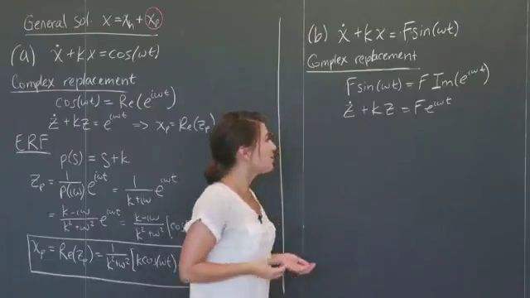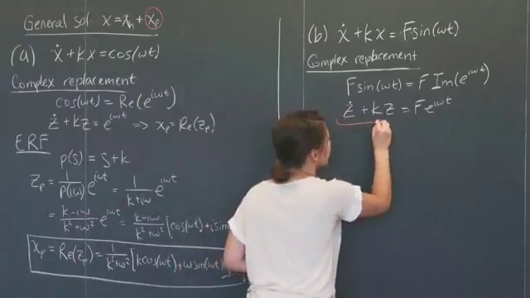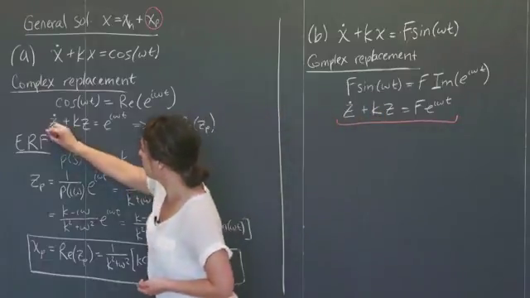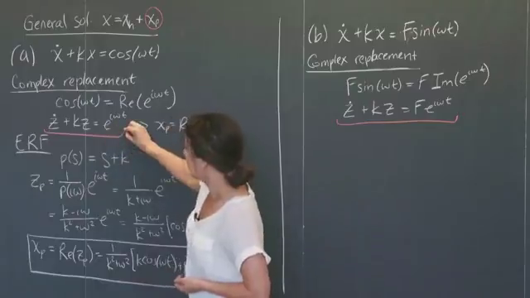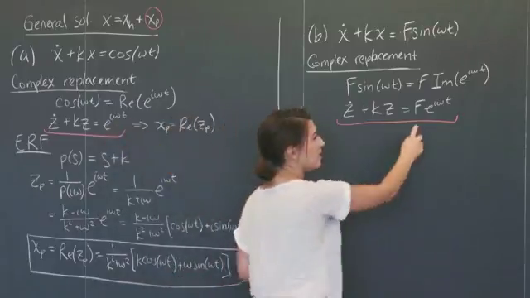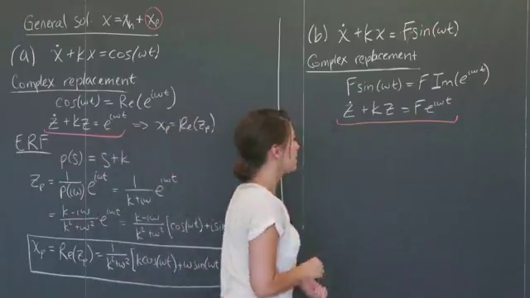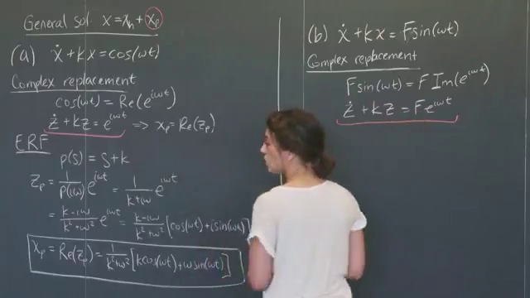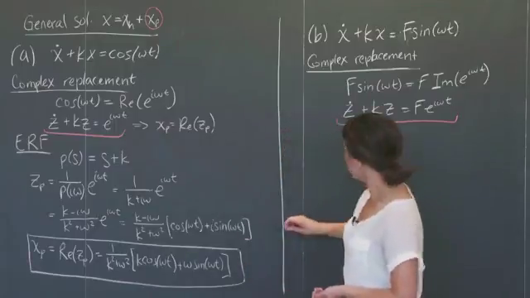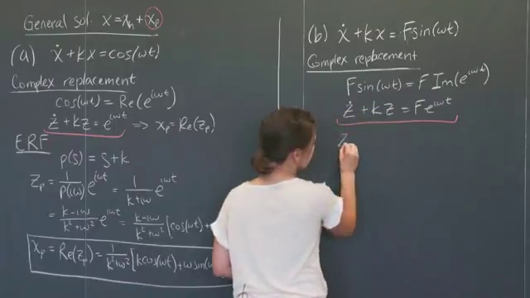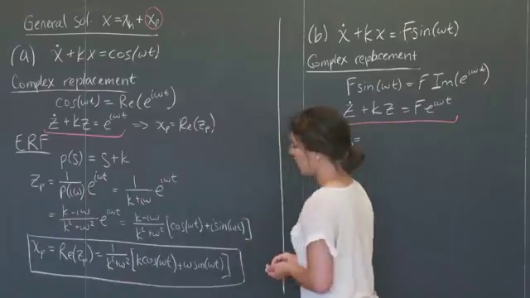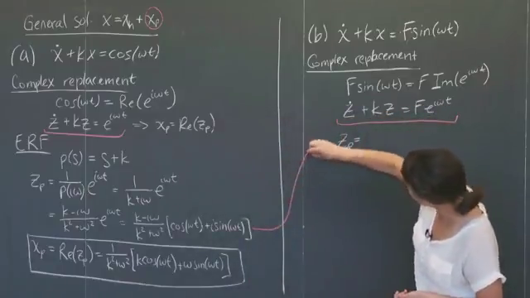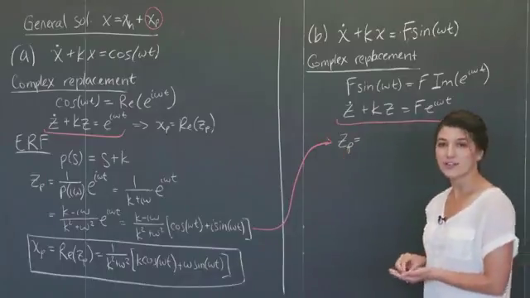But we already solved this problem. This ODE for z is the same as the previous ODE, except that we're just multiplying the right-hand side by the constant f. And by linearity, this f would just carry through all of our calculations. So we can write down our particular solution, z sub p, by just writing down our particular solution from part A multiplied by the constant f.